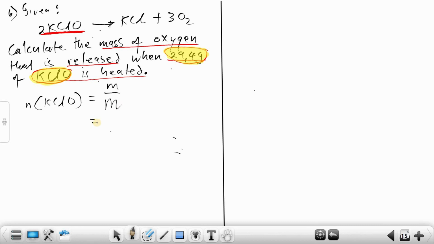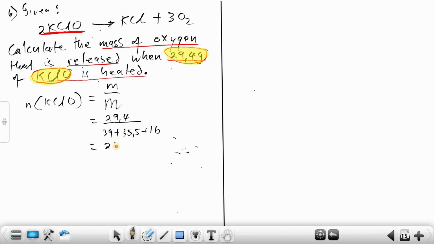So this now says to me this must be 29.4 over, now I am going to my periodic table, look for K, it's 39, plus Cl is 35.5, plus oxygen is just 16. Take the calculator, it's 39 plus 35.5 plus 16. That gives me now 90.5.